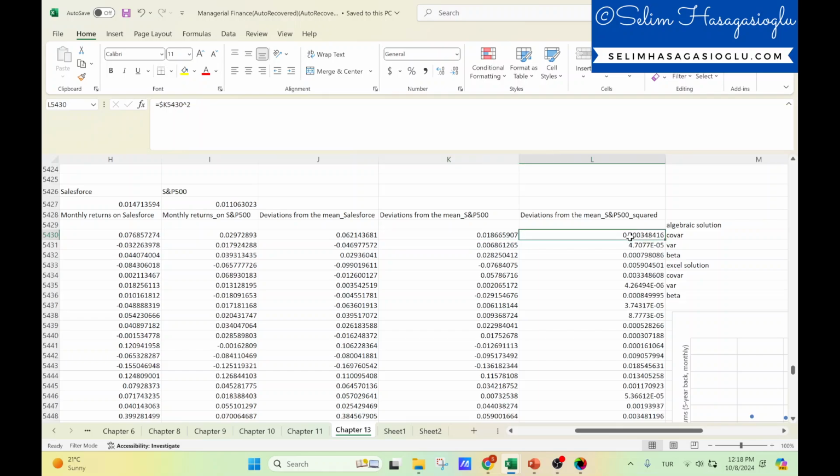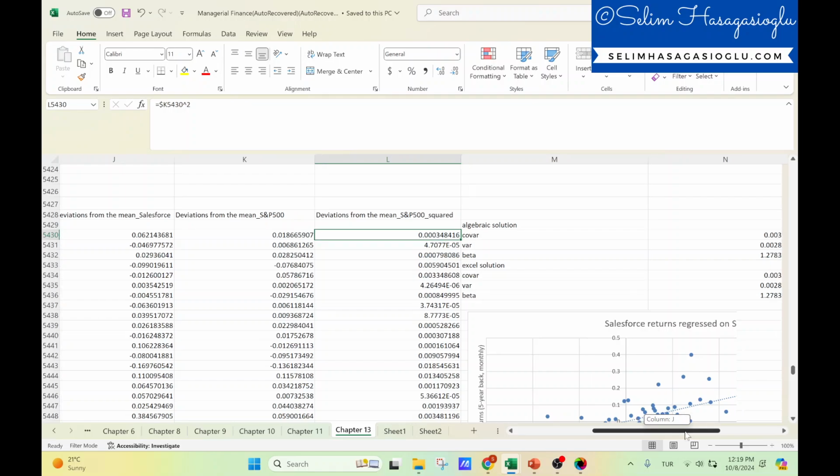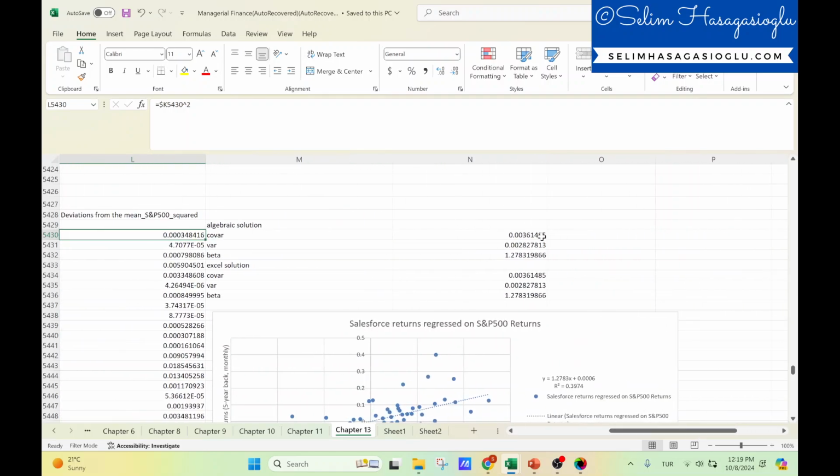But for the S&P 500, we need to take the square of these deviations from the mean because we will be calculating the variance of the returns on the market portfolio, while we were calculating the beta of the Salesforce stock, the equity beta or levered beta, more precisely speaking.